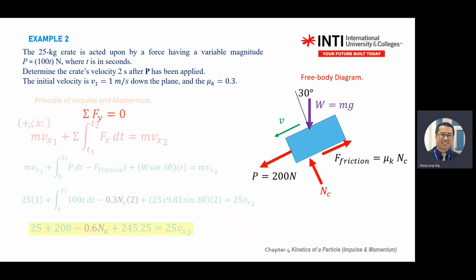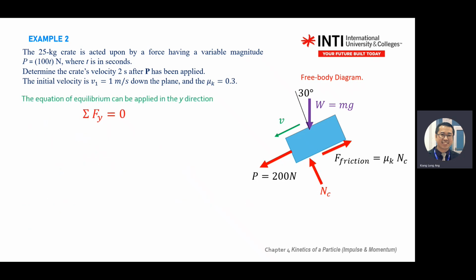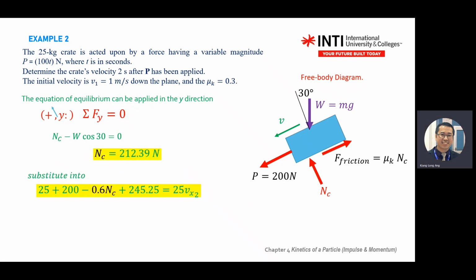In the x direction you have one unknown, and two unknowns before. So you do the same for the y direction, but now my y direction is positive going up, 90 degrees to the surface. I just solve it using static equilibrium. All the forces in y equal 0, and I can find my NC. Once I have my NC, I substitute back to the previous equation.